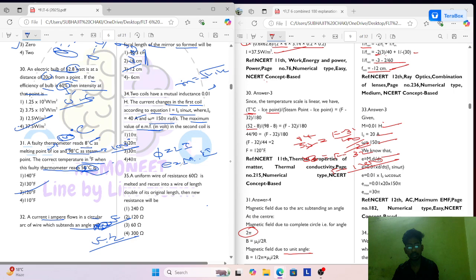So statement 3 is correct. In an AC circuit with pure capacitance or pure inductance, there is a power loss? No. Statement 2 is incorrect, because in a pure inductive or pure capacitive circuit there is no power loss. Why is there no power loss? It is a wattless circuit only, so there will be no power loss.